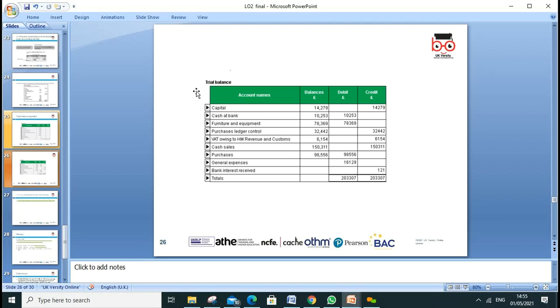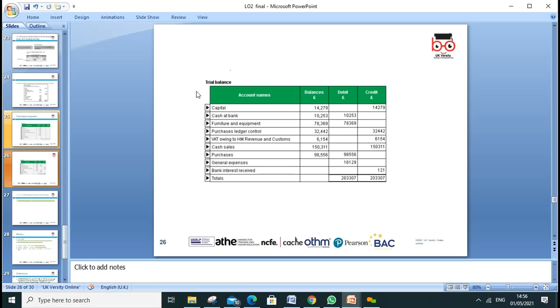From this we can now make the profit and loss and balance sheet. So what goes in the profit and loss? What do we think? What sort of things? You can start with the cash sales, yes. Sales, revenue and turnover are the same. Purchases, expenses, cash sales. Furniture and equipment goes to the balance sheet, not the profit and loss.